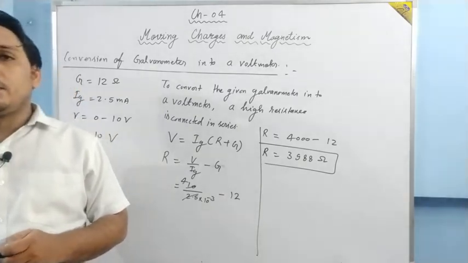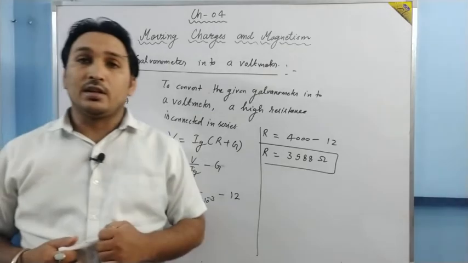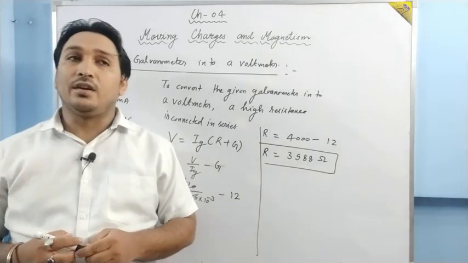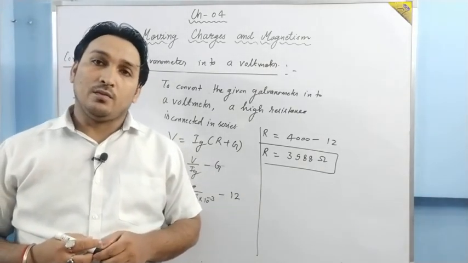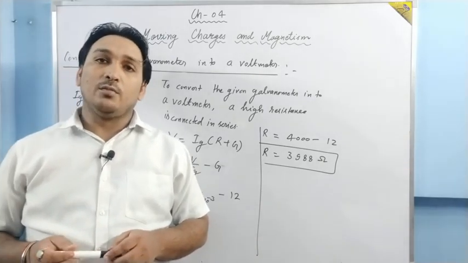Now this chapter has been done theoretically. Some NCERT numericals are there which are very important, which are very tricky. Some questions are just putting the values and getting the result, if you know the right formula.